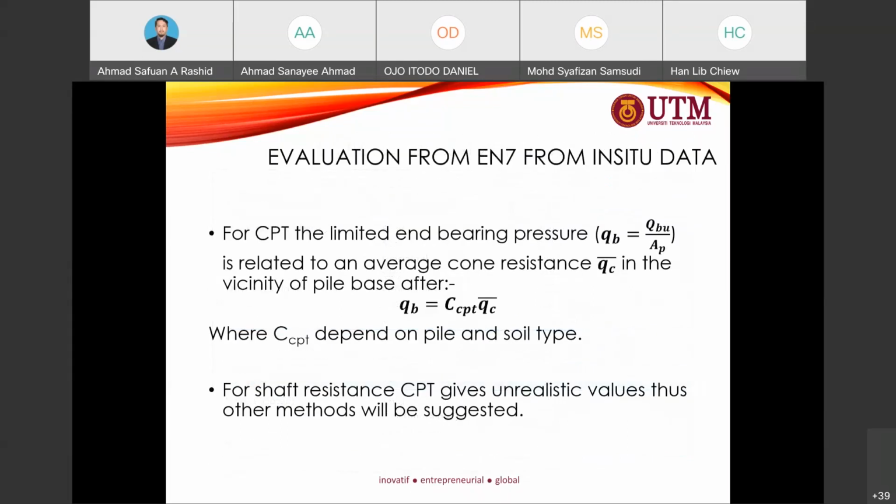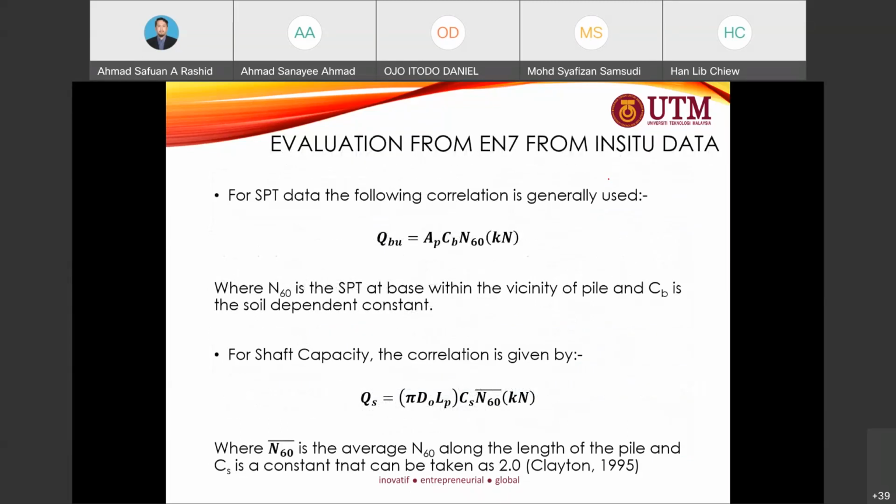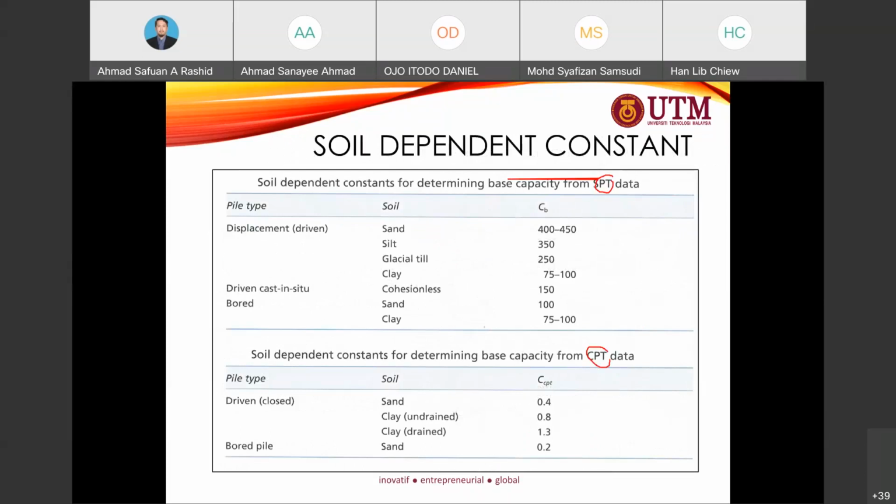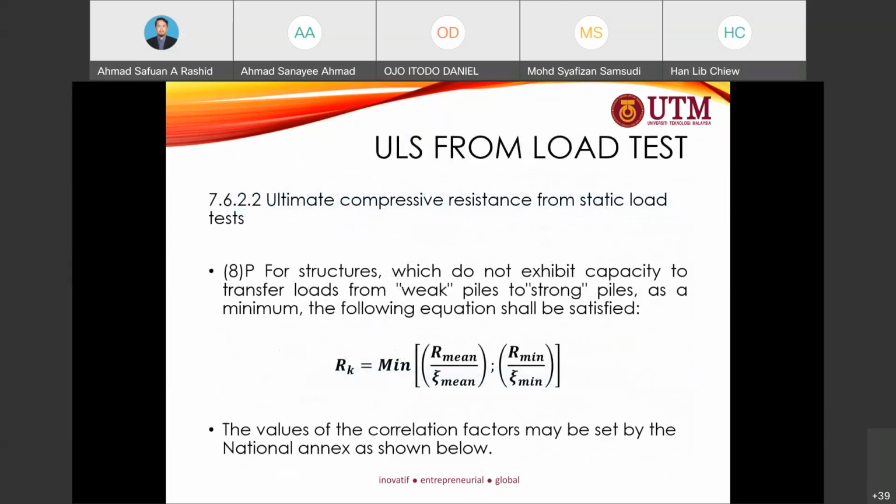This is CB from the SPT, while for the CS, used to. So this is the value of the CB from the CPT.